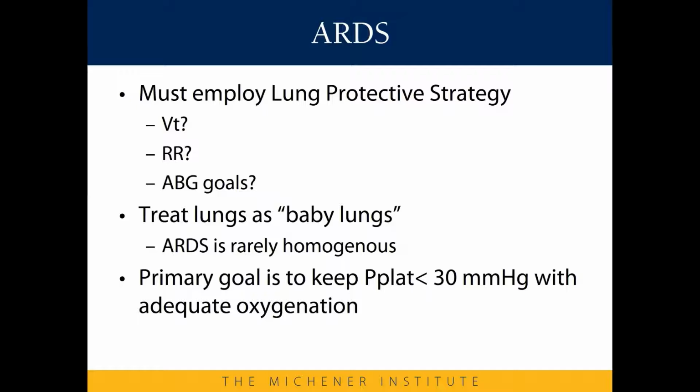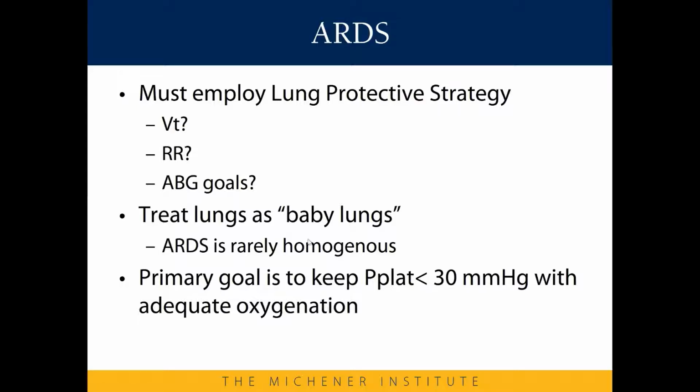If someone was presenting with normal lungs, we generally use 6 to 8 mils per kilo to ventilate that individual. Okay, so our goal is to keep our plateau pressure less than 30 millimeters of mercury, and have adequate oxygenation at the same time.